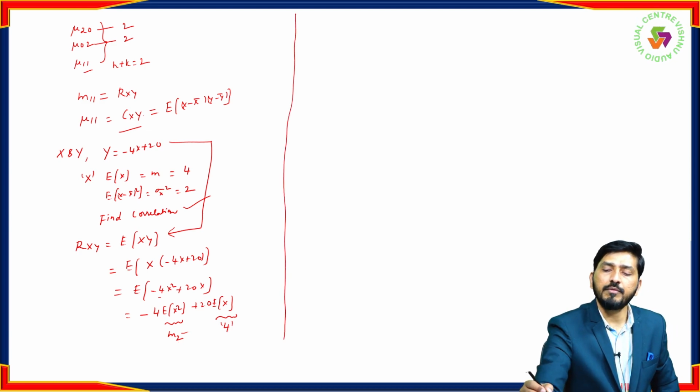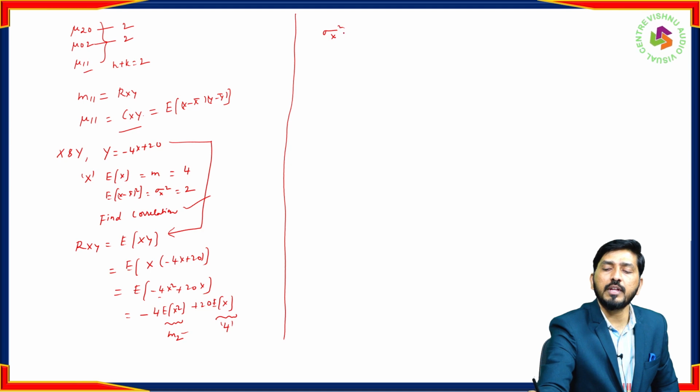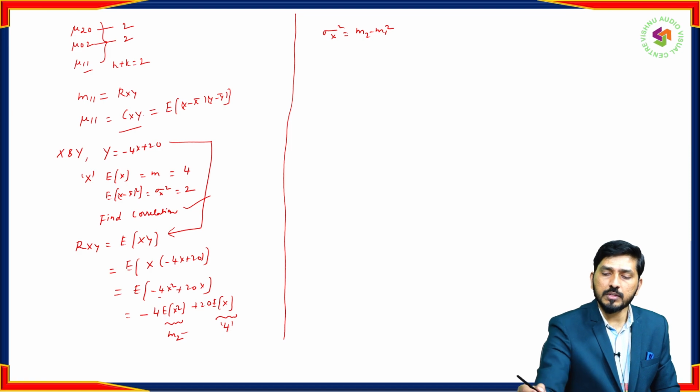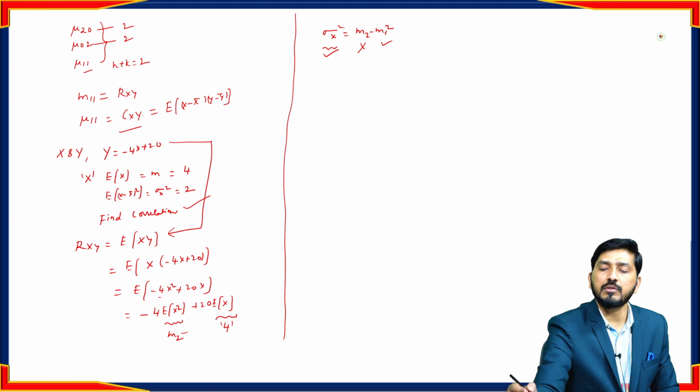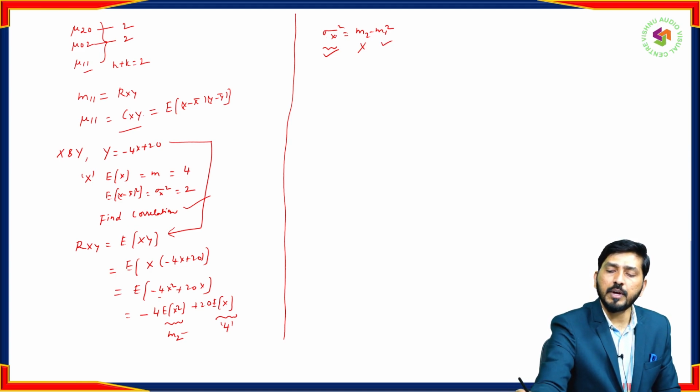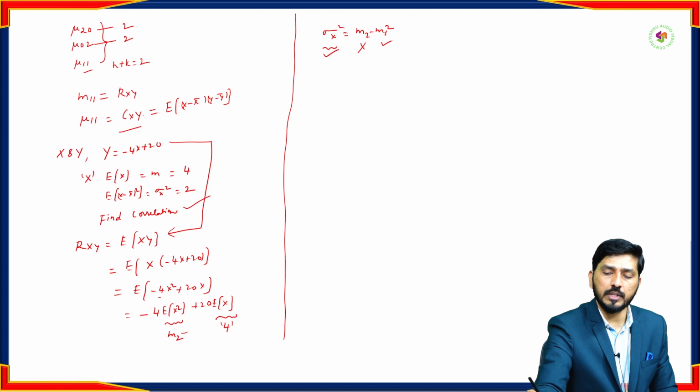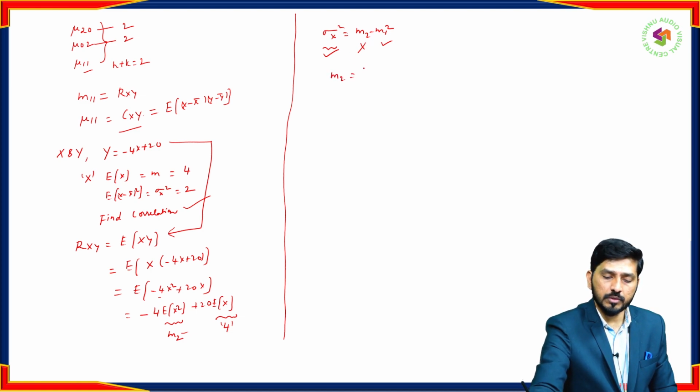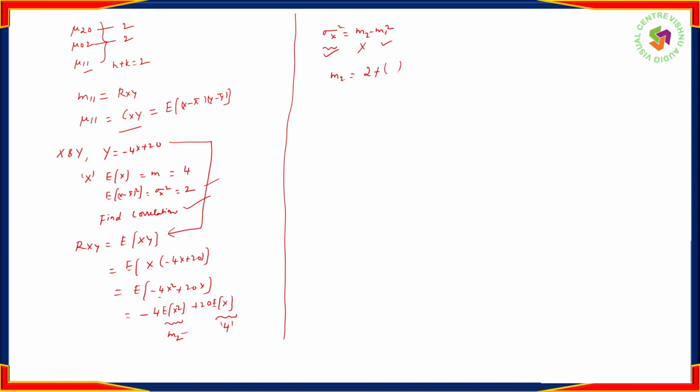How to find m2? We have the formula: variance sigma x square is equal to m2 minus m1 square. Sigma x square is known, m2 is not known, and m1 is known. Substituting, m2 is equal to sigma x square, which is 2, plus the mean 4 squared, which is 2 plus 16, equal to 18.